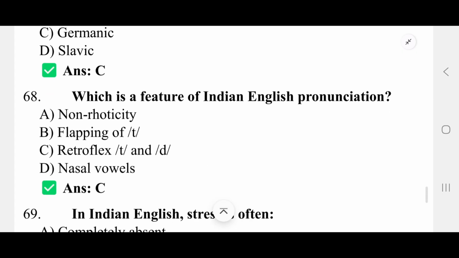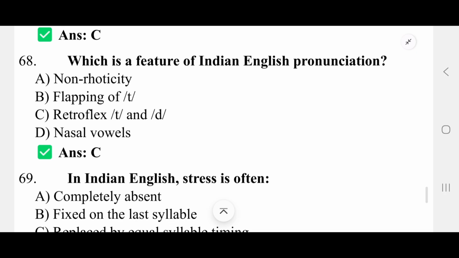Which is a feature of Indian English pronunciation? Non-rhoticity, flapping of t, retroflex t and nasal vowels. Option C ആണ് കറക്റ്റ് ഉത്തരം.